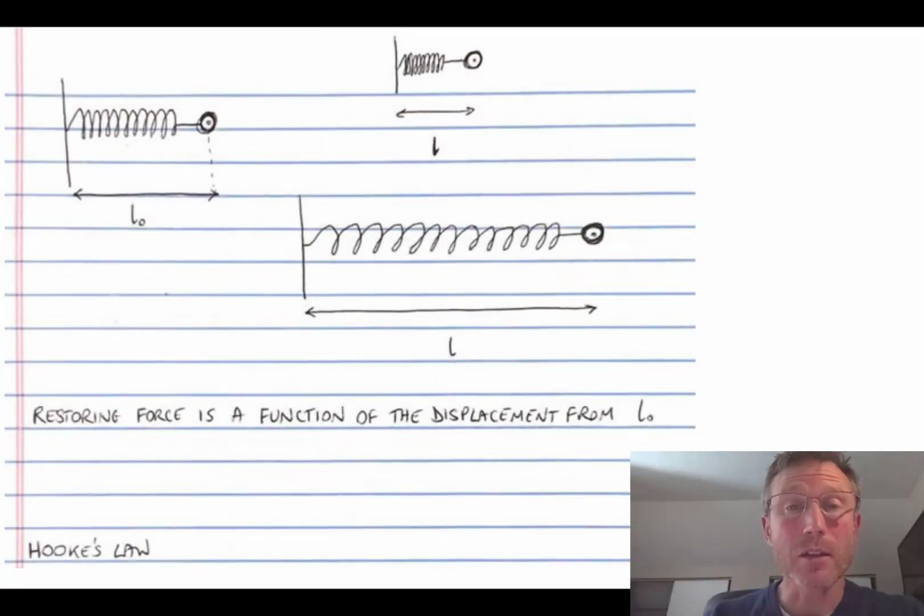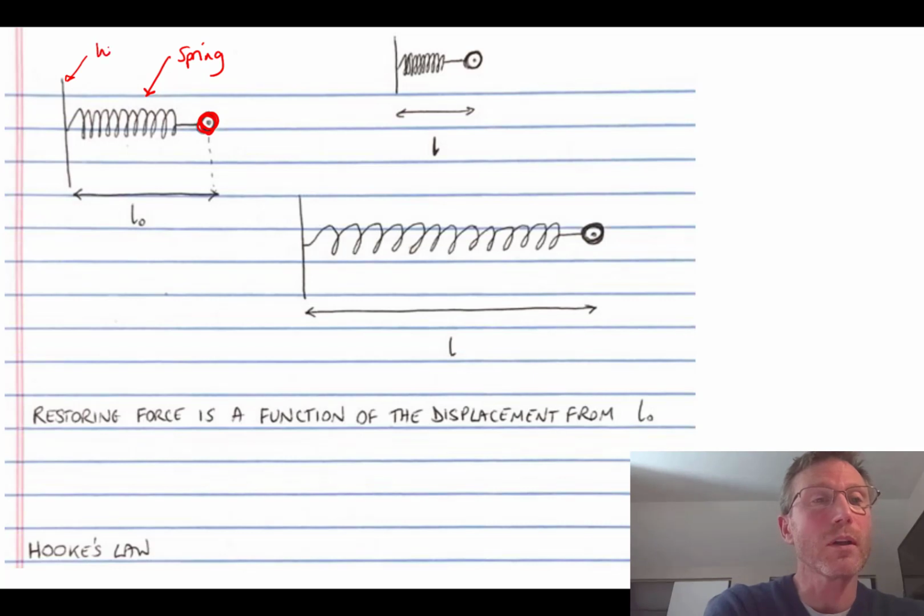So let's take a look now at the system we're going to be working with, and we have a ball on a spring. Here's our ball, here's our spring, and we have this connected to a wall in here, and we're also going to say at this point that there's going to be no gravity.